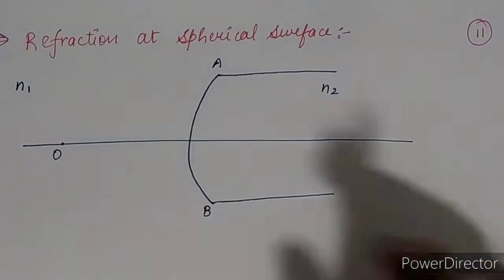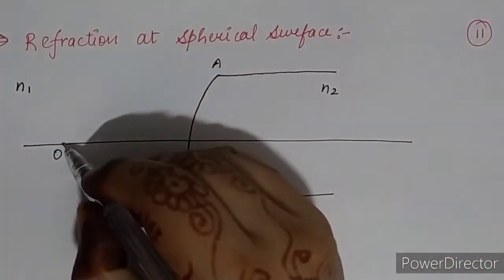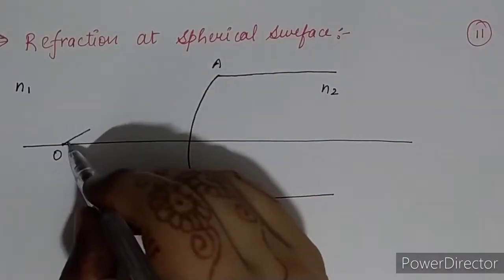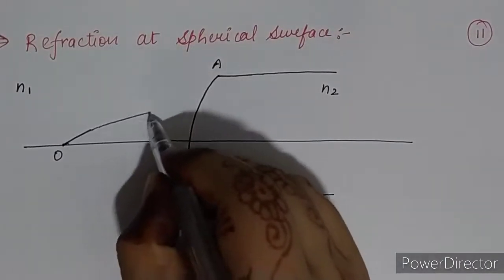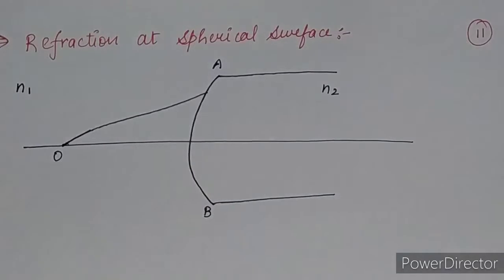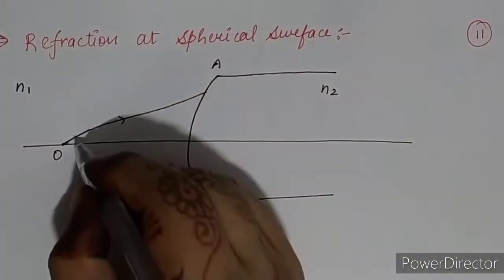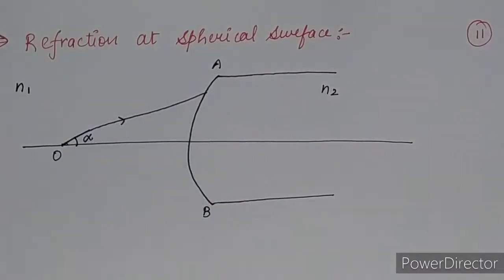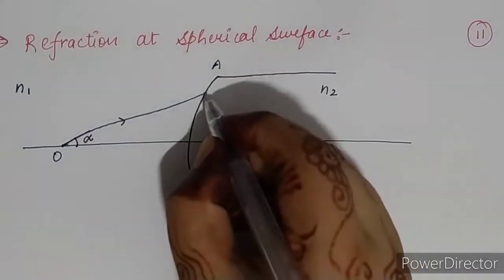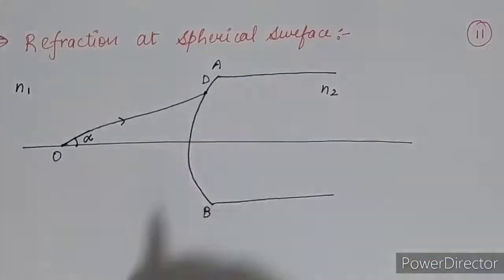The ray coming from this object is incident on the spherical surface by making an angle alpha. It is incident at point D, so OD is the ray.